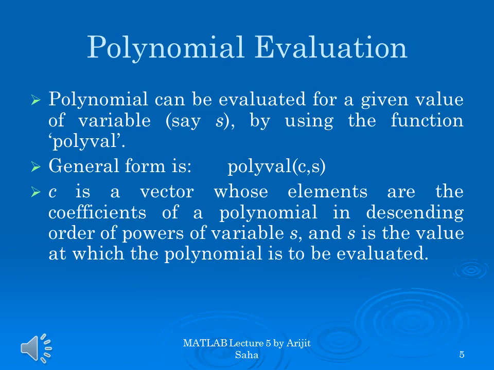Now a polynomial can be evaluated for a given value of variable, say s, by using the function polyval. The general form is polyval(c, s). C is a vector whose elements are the coefficients of a polynomial in descending order of powers of variable s, and s is the value at which the polynomial is to be evaluated.